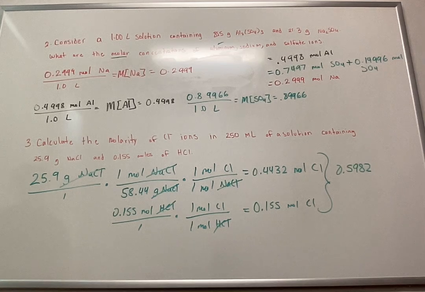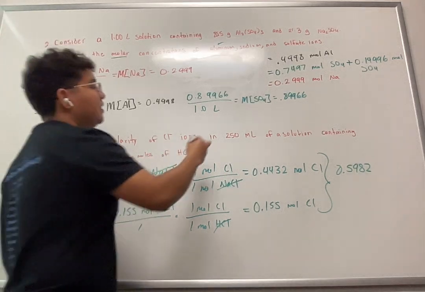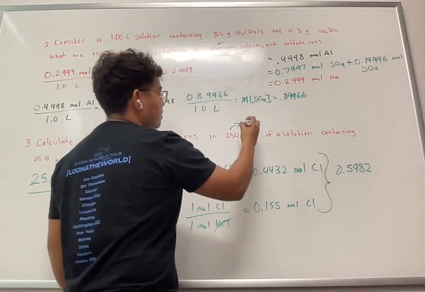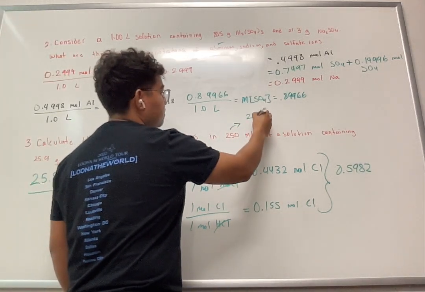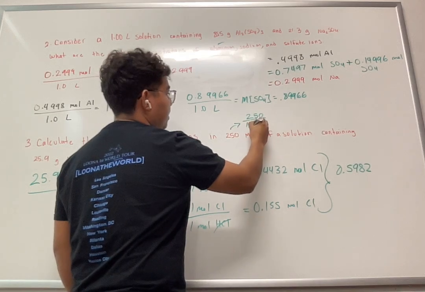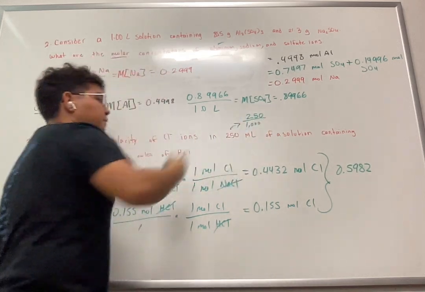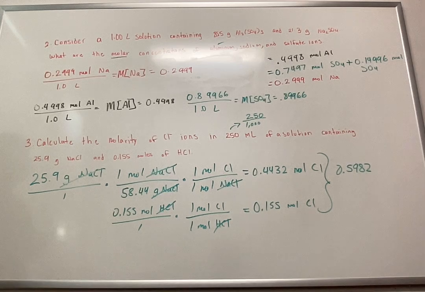Okay, divided by 250 milliliters. Wrong. Not 250 milliliters. We need to convert these 250 milliliters to liters. So basically 250 over 1,000, because that's how many milliliters there are in a liter. So 250 over 1,000, 0.25, I believe.